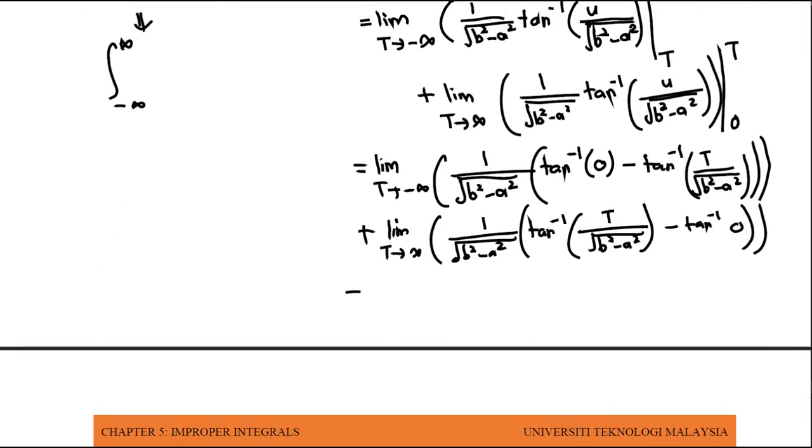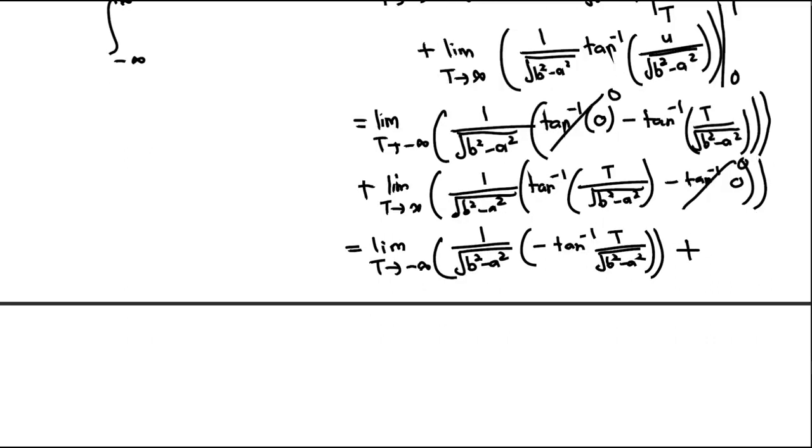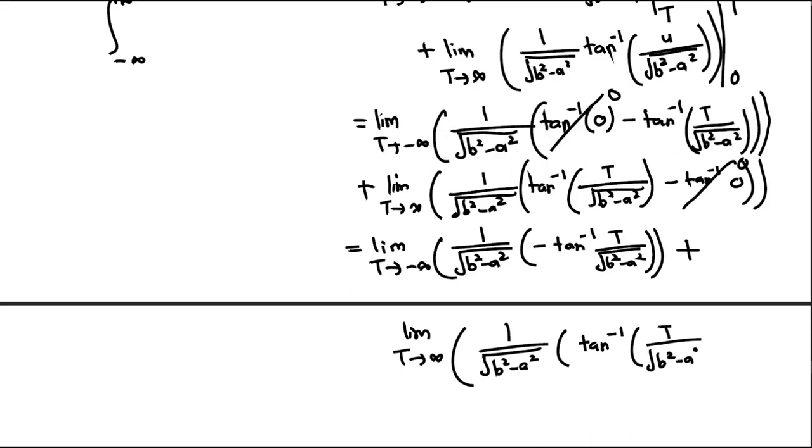Next, tangent inverse 0 is 0, so you get 1 over square root of b squared minus a squared, negative tangent inverse of t over square root of b squared minus a squared, plus limit t approaches infinity, 1 over square root of b squared minus a squared, tangent inverse of t over square root of b squared minus a squared.